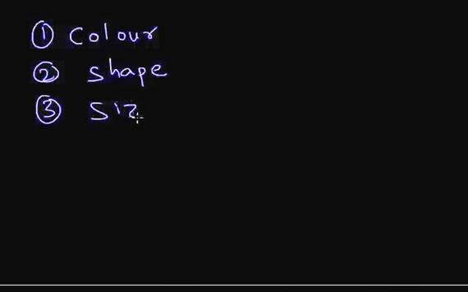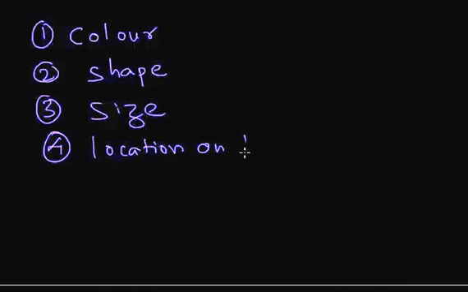Now there are four things in a candle which are very important. The first thing which in a candle which is most important is the color. Second is the shape. Third is the size, and fourth is called as the location on the chart.